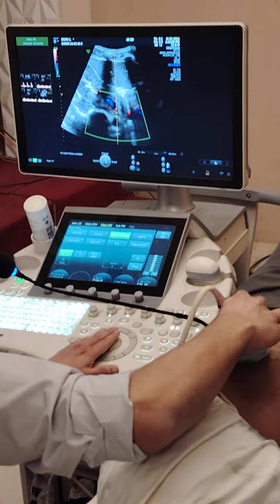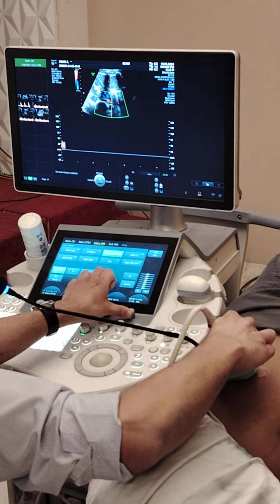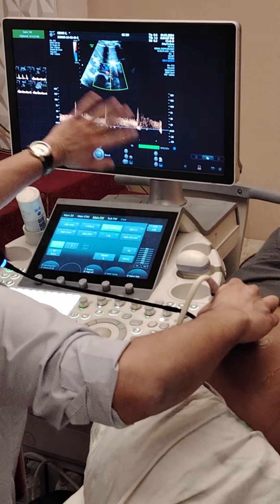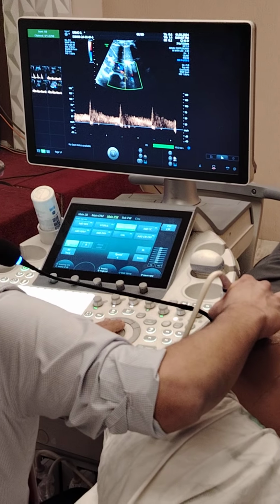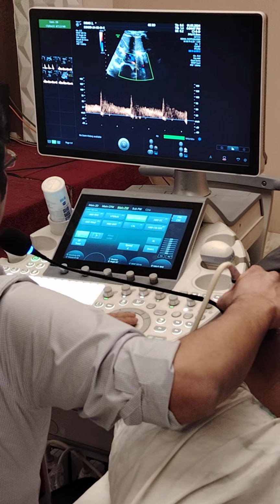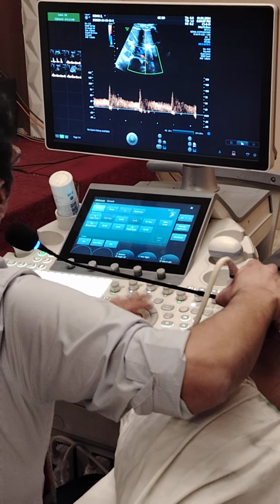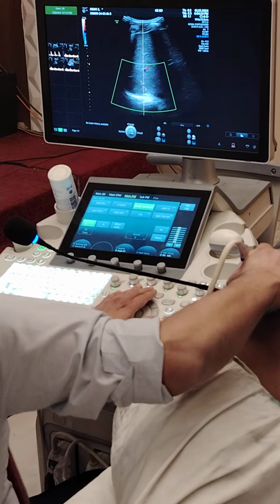So this is the direction in which the artery is going, and this is where the origin is. That is why my angulation is in this fashion. Again, the only thing I'm interested in over here is the PSV. PSV looks to be good.